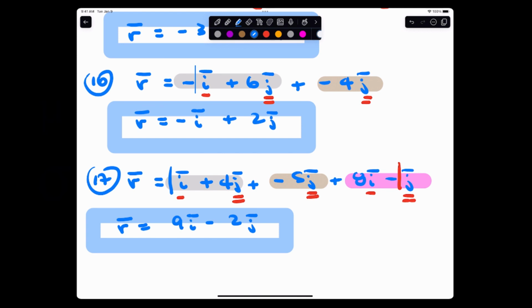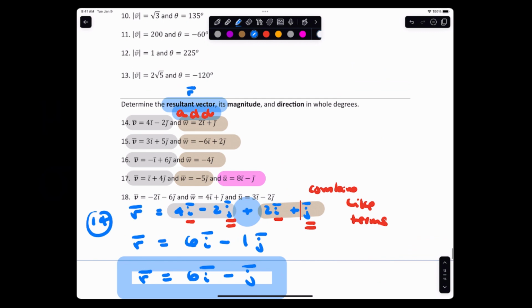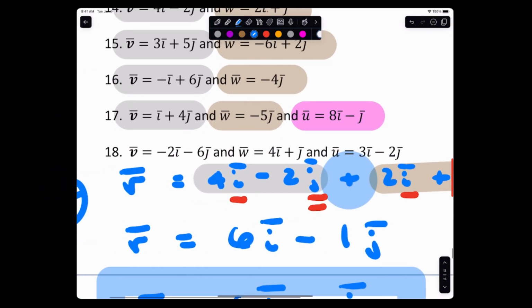Did we make any mistake here? Is that right? You guys okay with that? Notice it goes back to beginning algebra. Is that true? V, and then W, and then U.